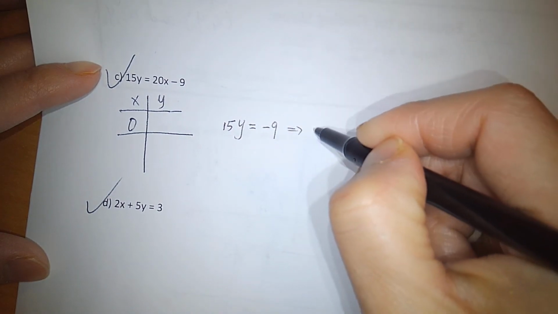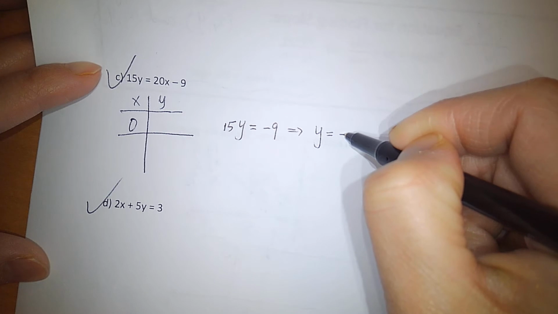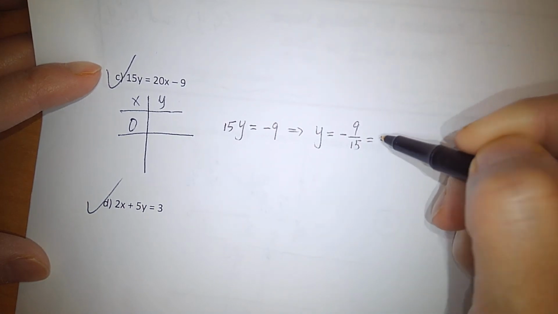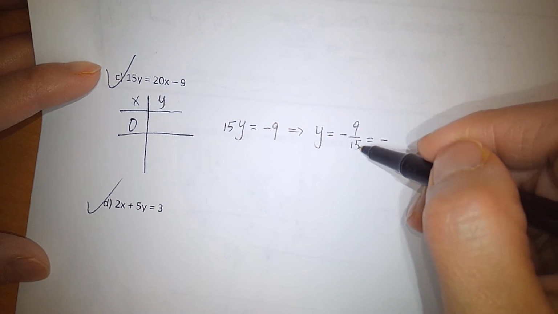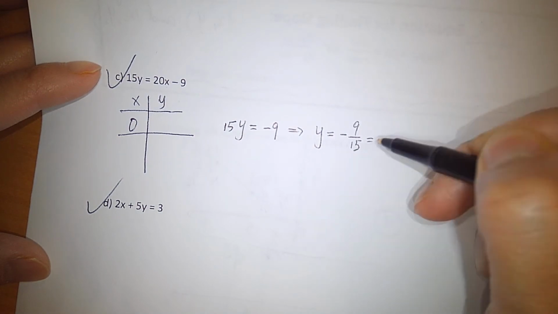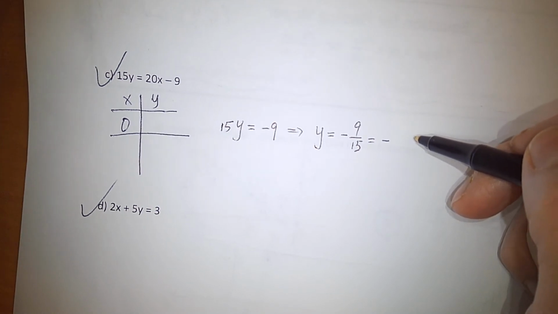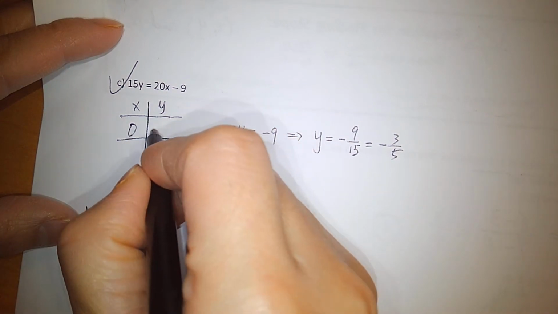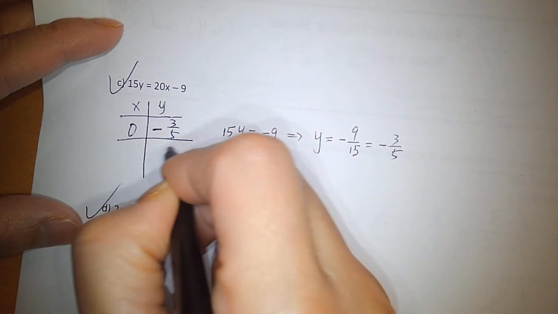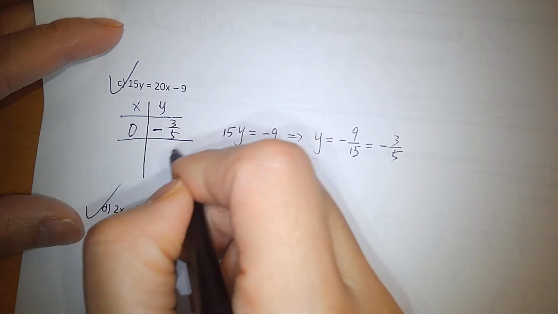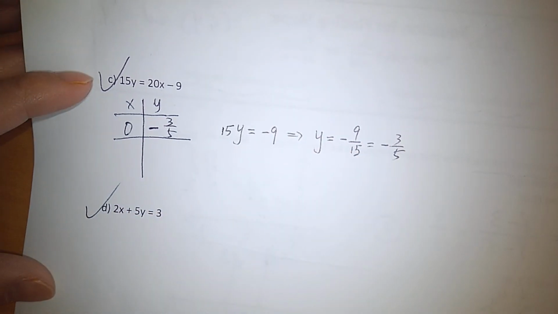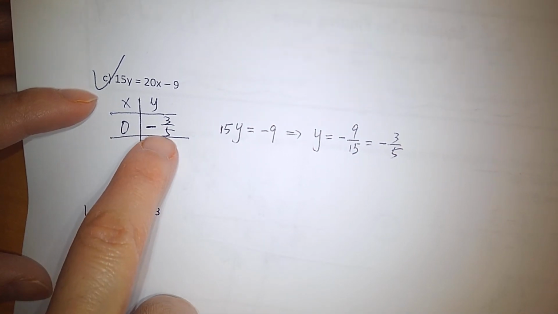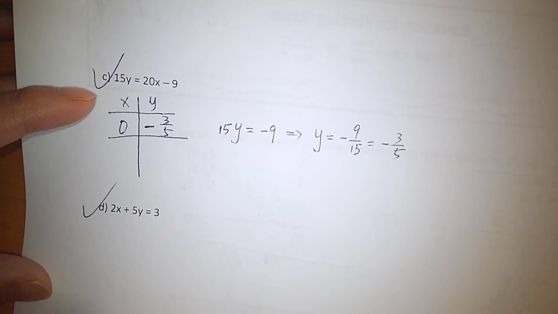That implies y equals negative 9 out of 15, which simplifies to negative 3 over 5. So when x equals 0, y equals negative 3 over 5, and this is an ordered pair already. We have to make sure the x value is in front and the y value is in second place for an ordered pair.